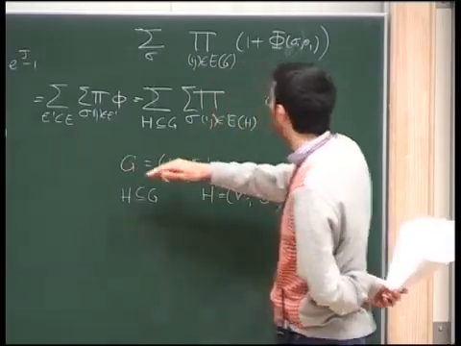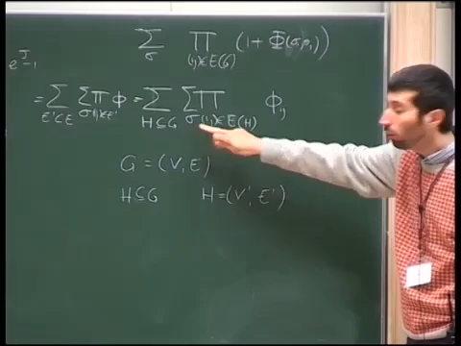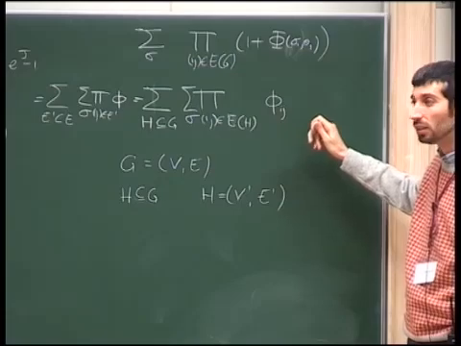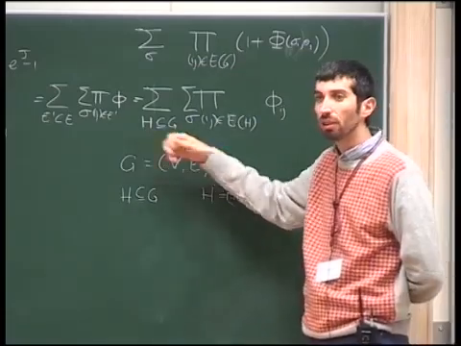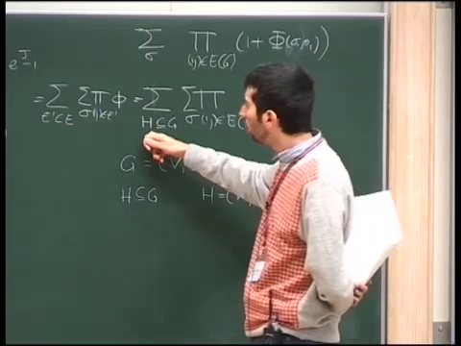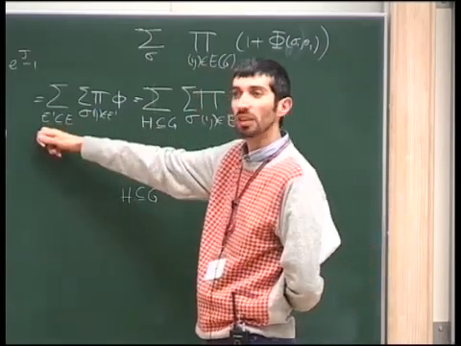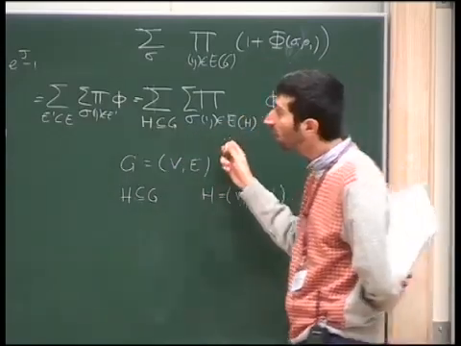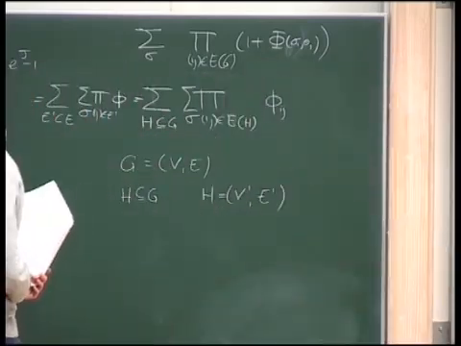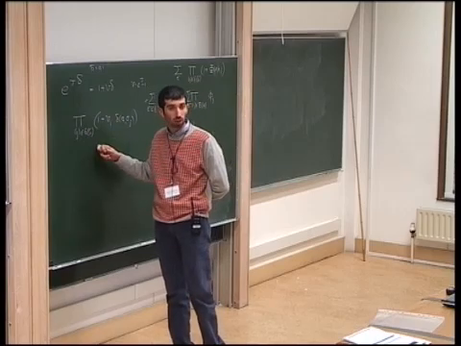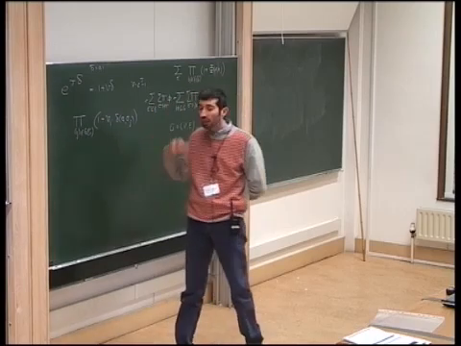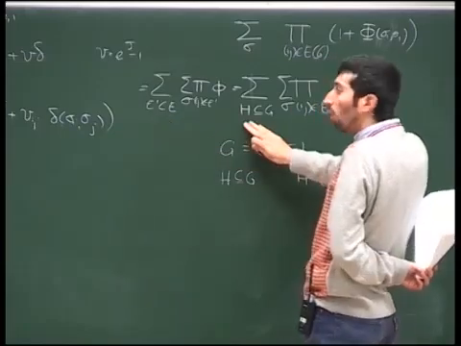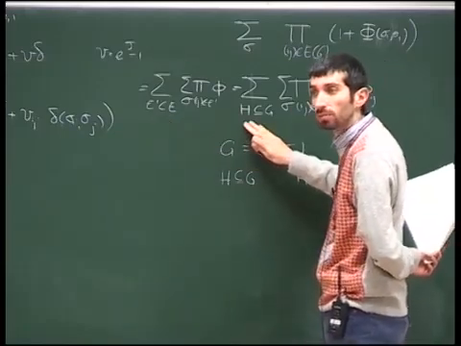Well, that's because when you sum over sigma, you produce something with this phi, which typically depends on the subgraph in some topological way, which is not easily encoded in E prime, but it is easily encoded in H. For example, in Potts, you will see that this will count connected components. How can you read connected components on E prime unless you draw H corresponding to E prime?